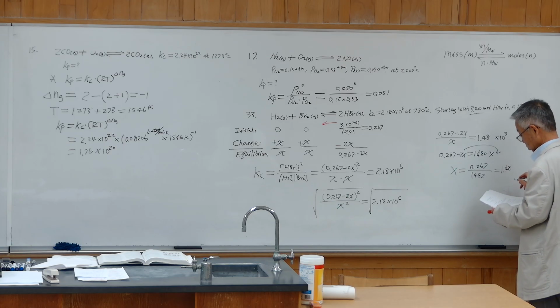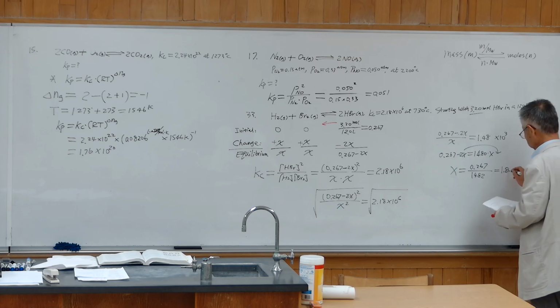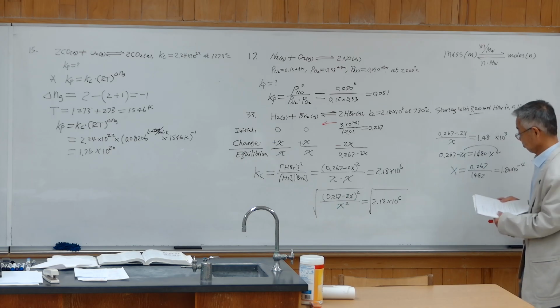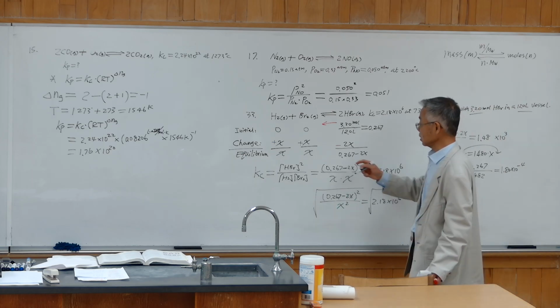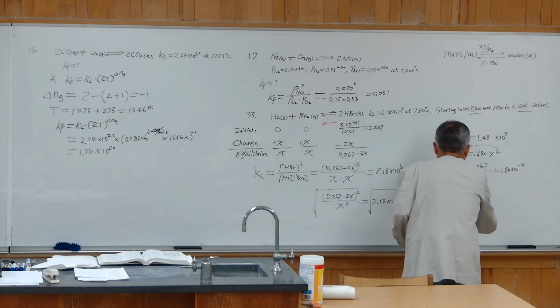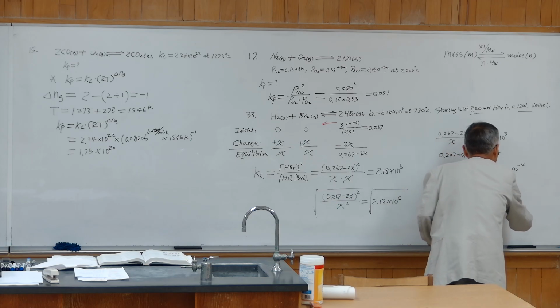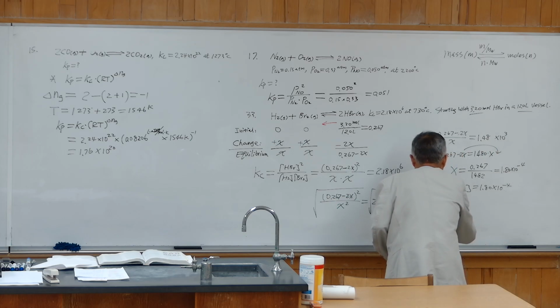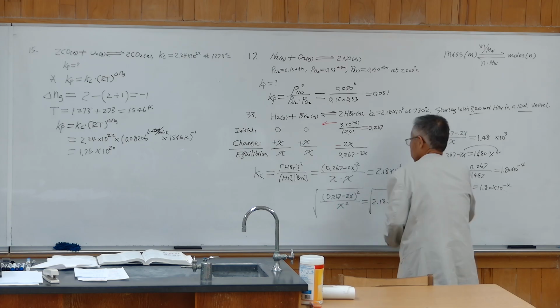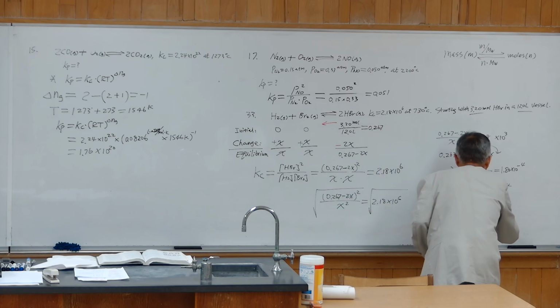So use a calculator, you can easily get 1.8 times 10 to the negative 4. When we get x, then we can easily get the concentration of H2, which will equal Br2, equal to x. Whereas the HBr concentration will be 0.267 minus 2x.